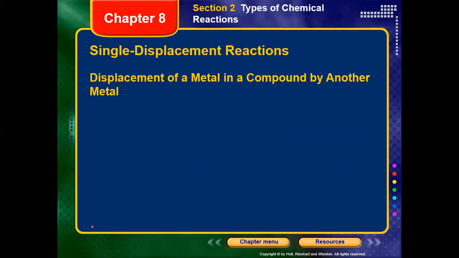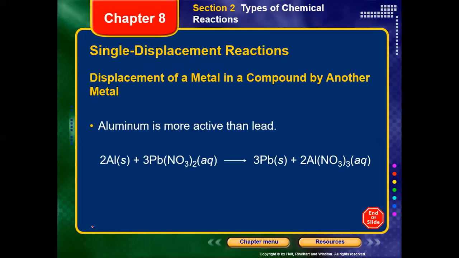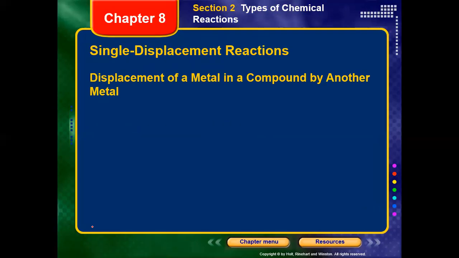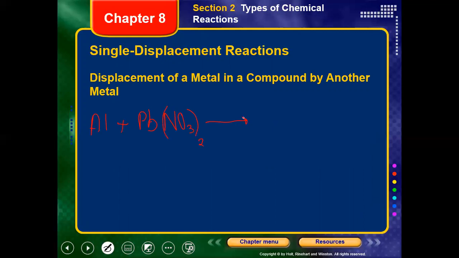For example, aluminium with lead nitrate. Aluminium plus lead nitrate, PbNO3. The charge of lead is positive 2. Now, whenever you see an element plus a compound, it's a single displacement reaction, either yes, it will happen, or no, it will not.